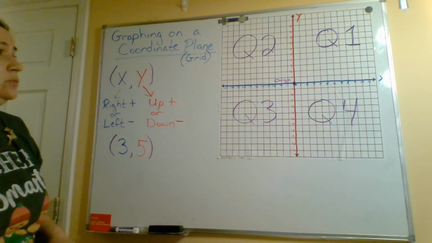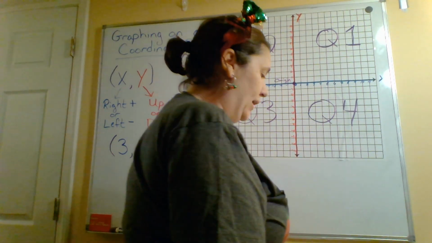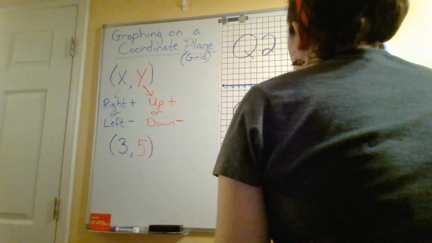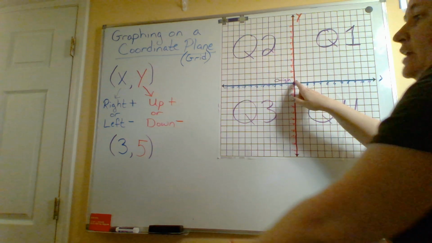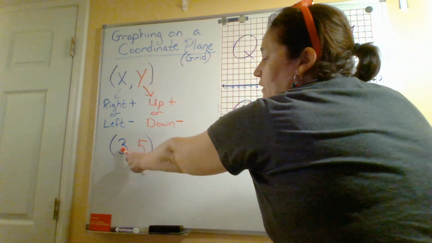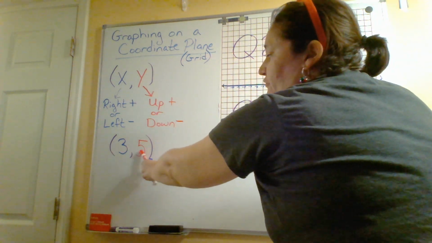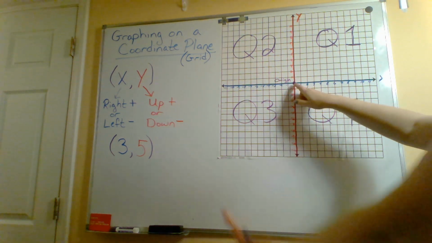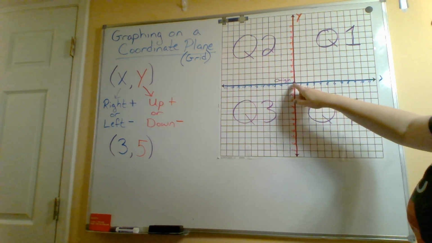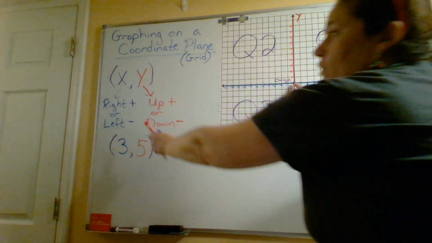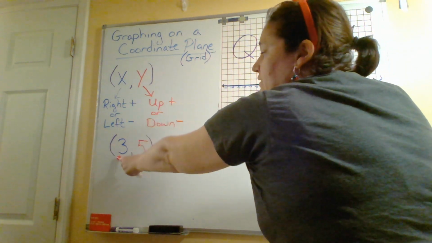What you will do is you will come over on your grid and you will start at the origin. You'll start right in the middle. And you're going to count 3 on the X line and 5 on the Y line. That first number is 3. That means we have to move to the right 3. We go to the right because 3 is a positive number.